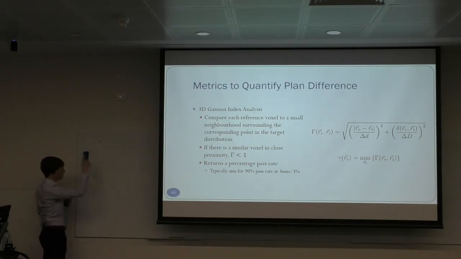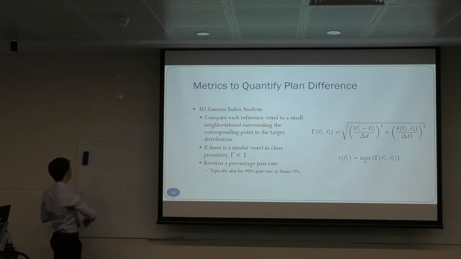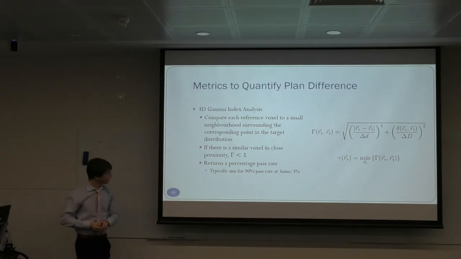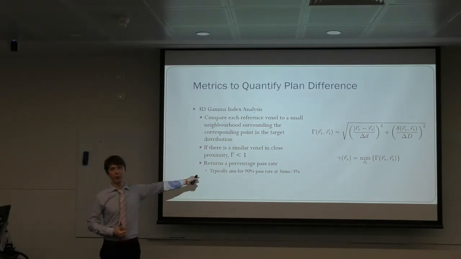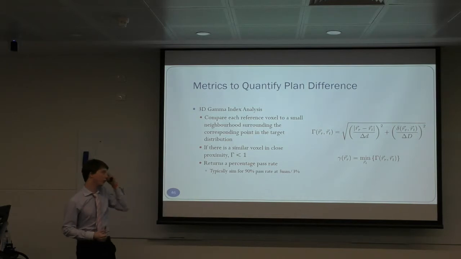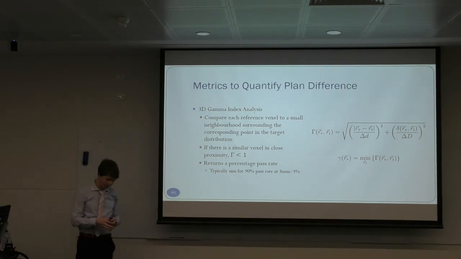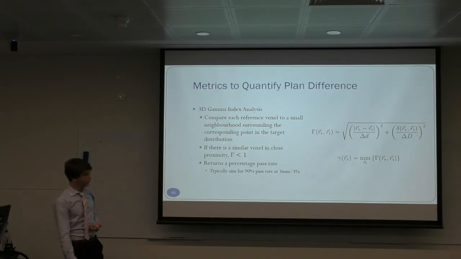But if there's no similarity, you've got a high gamma score. As you iterate through the reference, you get a pass rate, eventually something like 90% of points passed. What you aim for is a 90% pass rate with a distance of 3 millimeters and a 3% difference. So that's what I did, and this is what the results look like.